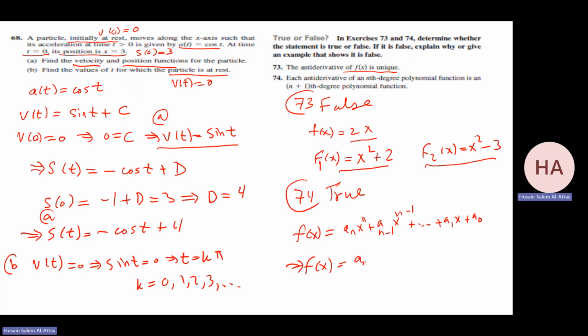It will be a_n x to the power n plus 1 over n plus 1, plus a_(n minus 1) x to the power n over n, and so on, plus a1 x squared over 2 plus a0 x plus c. So the degree of this function is n plus 1, while the degree of f is n. And this is true for all polynomials.